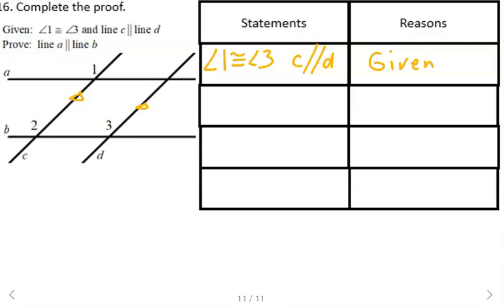Since c is parallel to d, then we know these corresponding angles will be congruent. And then we put that together with the first statement, angle 1 is congruent to angle 3, we can say that angle 1 and 2 must be congruent by substitution.